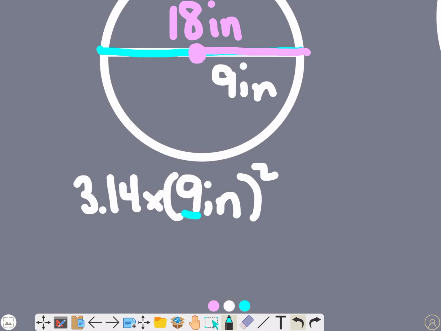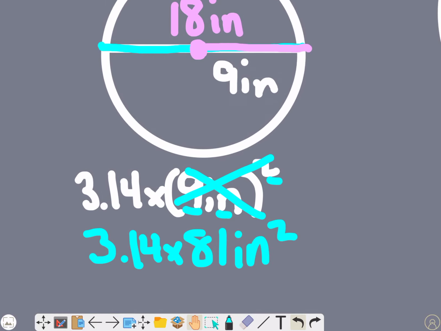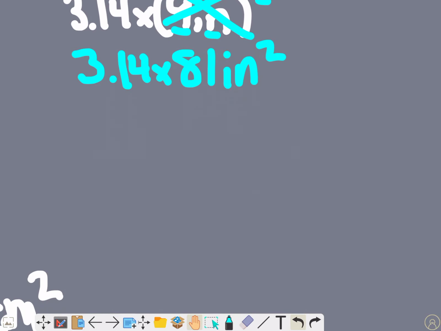Well, 9 squared is 81, because 9 times 9 is 81, and inches squared is, well, inches squared. Almost done. Now I just need to multiply 3.14 times 81 inches squared. So let's do that. Most of this, if you know the equation, you just have to be pretty good at multiplying your decimals, and the rest will fall into place.